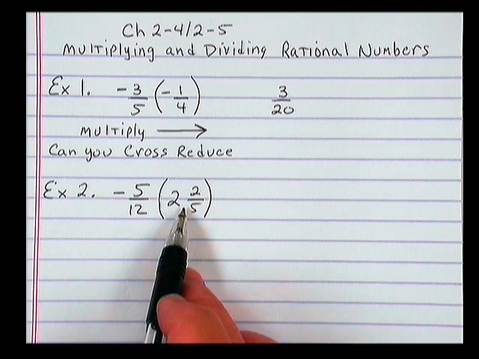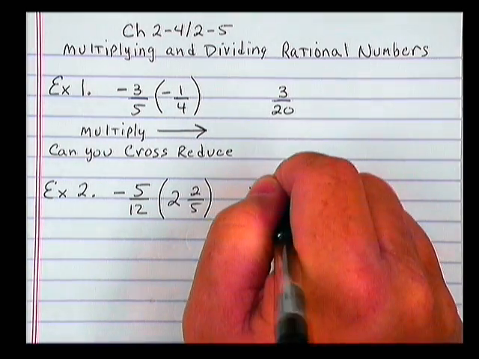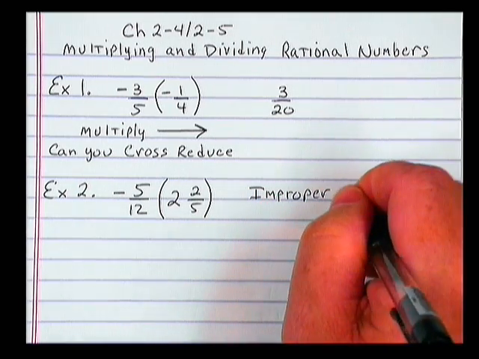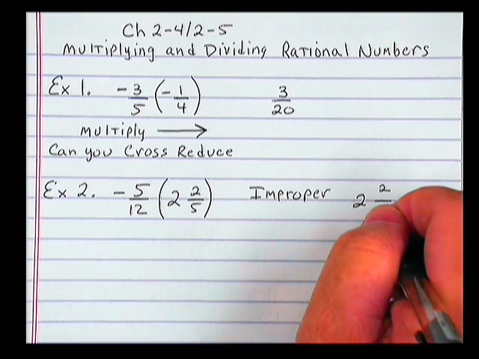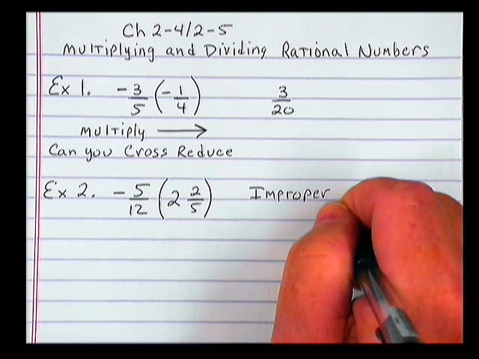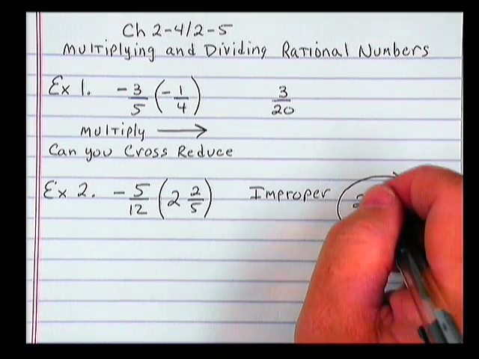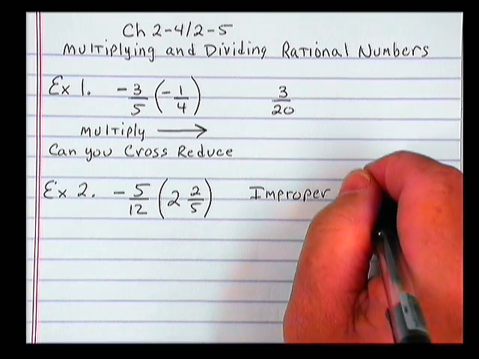You have to convert that to an improper fraction. So turn this improper. And you do that by starting in this direction right here and going around like this. You multiply, then you add.